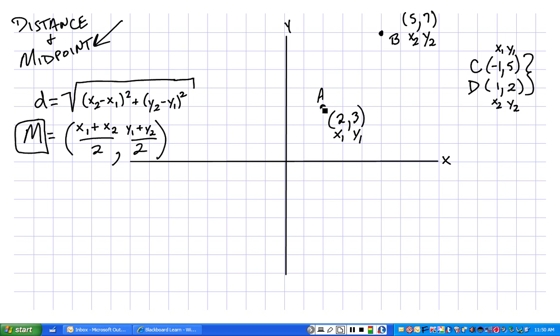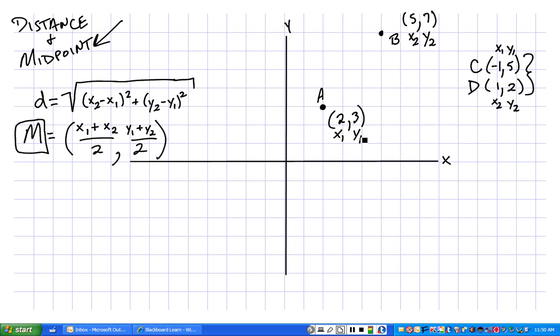So we have our A and our B as our first example that we did for distance. So now let's say we had these two and we wanted to know what the midpoint of these two would be. Alright, so what point would lie in between these 2 points? Midway, halfway in between.